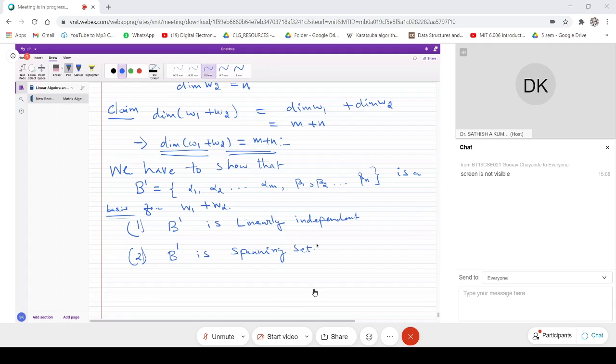So these two things we have to show. First we'll try to show that B prime is linearly independent, and then we'll come to the basis.